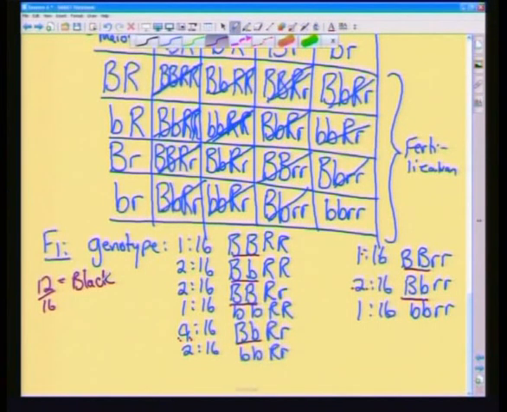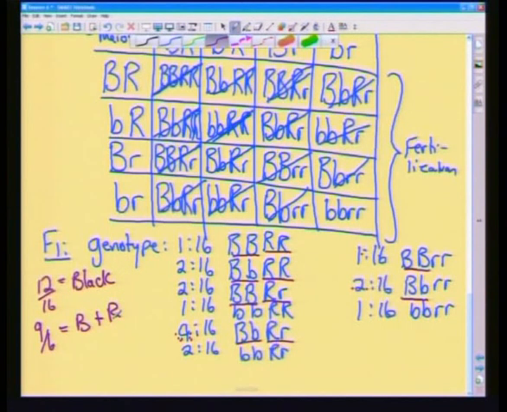All right, 12 of them. Of those 12 that have black fur, let's see how many are going to have a rough fur coat. So 1, 2, 3, 4, 5, and 6, 7, 8, 9. 9 out of 16 are going to be black with a rough coat.